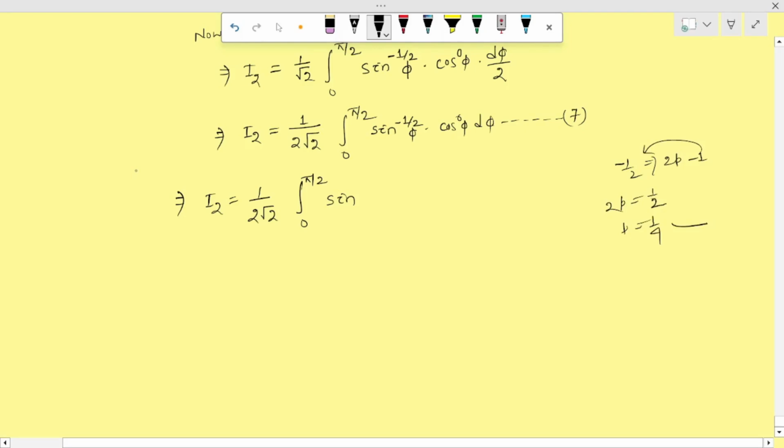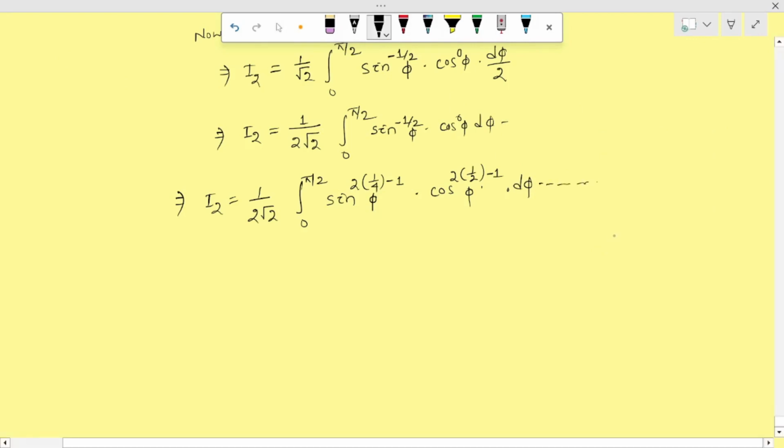So minus 1 by 2 can be written as 2 into 1 by 4 minus 1. Here you can see it will be 1 by 2, 1 by 2 minus 1 is your minus 1 by 2. Then cos 0, cos 0 can be written as 2 into 1 by 2 minus 1. Here sin phi, I forgot to write, sin phi cos phi d phi. This is your equation number 7.